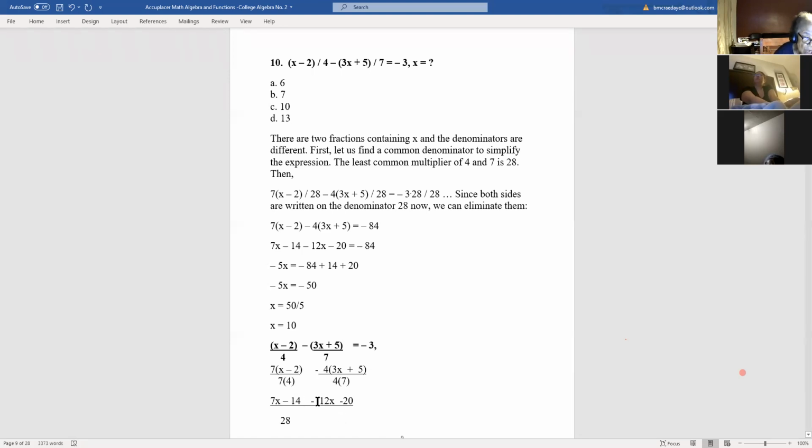Okay, let's underline this here, and this would be 28. Now they're over the same denominator, right? So if they're over the same denominator, I can just subtract and put them all over 28. So what's 7x minus 12x?